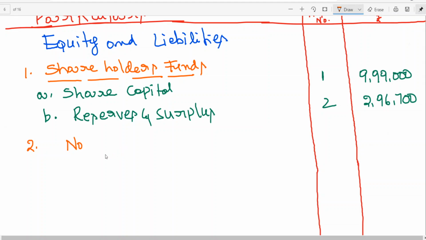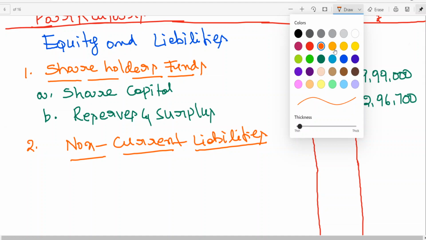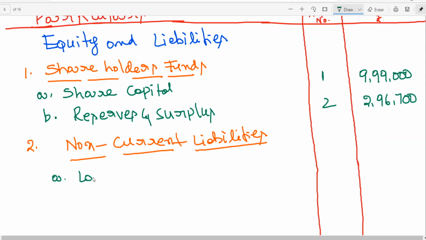Next, non-current liabilities. Another major subheading, non-current liabilities. In non-current liabilities, we are having long-term borrowings in the problem.